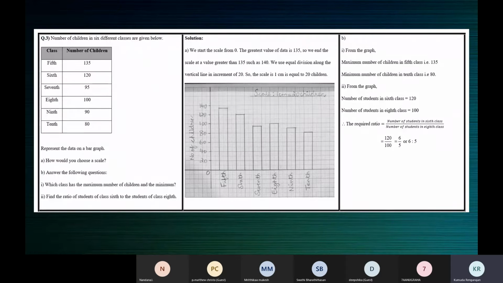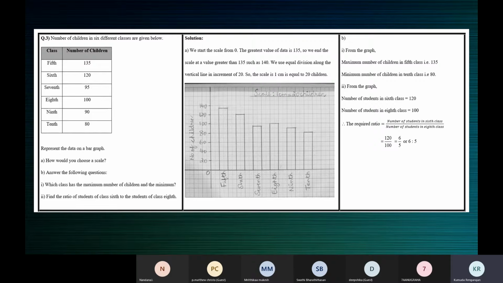Again, it's not wrong. Ma'am, we can use 5 table. No, 5 times 15. Ma'am, the scale we use should not affect the bar graph's height, ma'am. Yeah. When you take 1 centimeter as 5 children, this is what I suggest. Whatever comes to your mind, try it out.